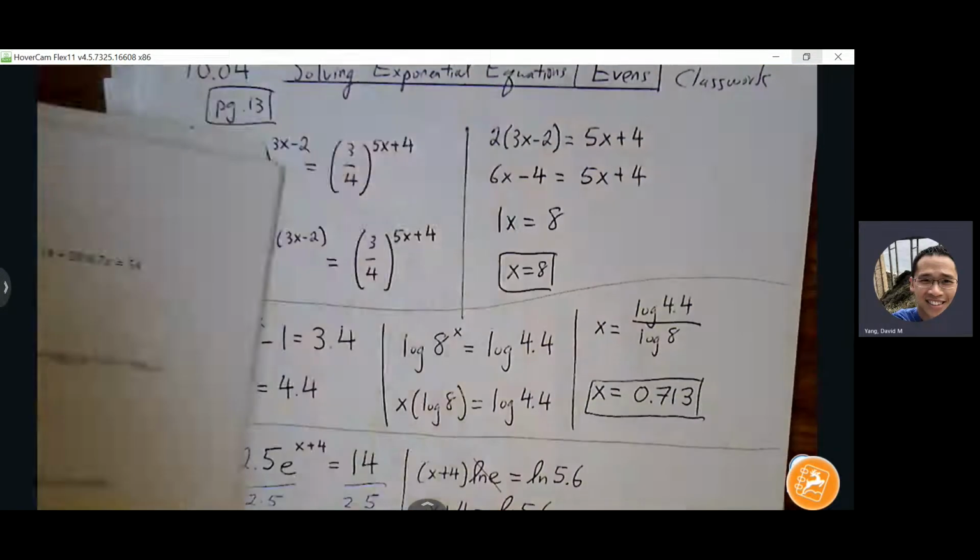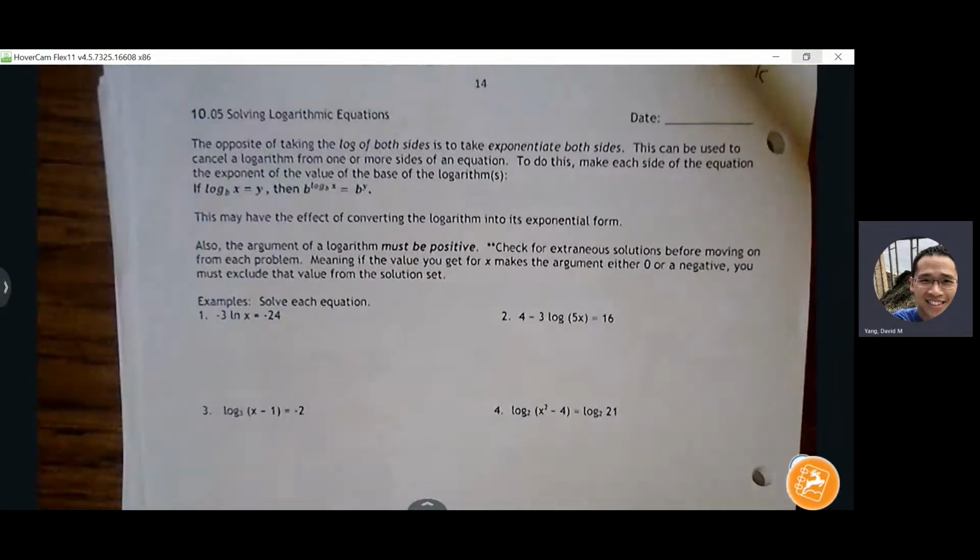So today we're working on page 14 and 15. And then the next few days, we're just going to be cycling through the same thing. So we're going to get really comfortable with this topic. We're going to see it in calculus if you take it next year as well. So the more comfortable we are here, I think it's going to really benefit next year.